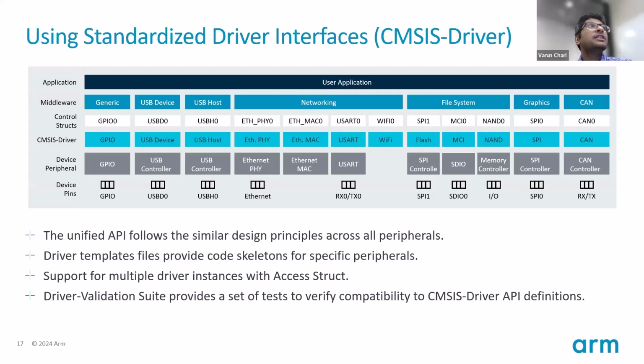They have a standardized control struct. They just have to configure the device pins based upon the silicon provider, and that is also provided as a pack or as part of the CMSIS software component, and they can bring up an interface very smoothly and easily.